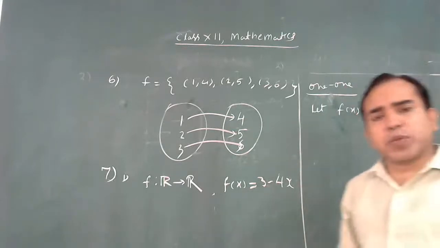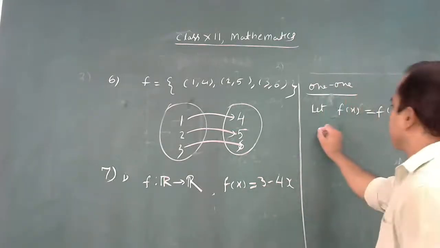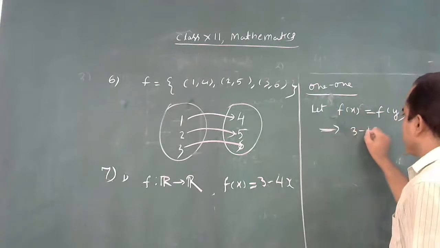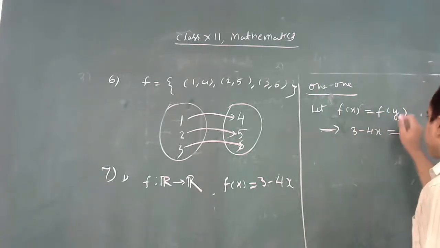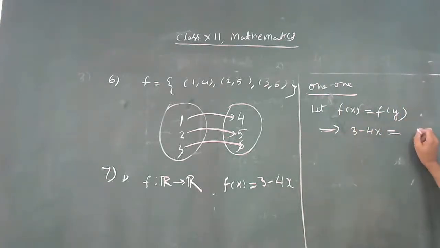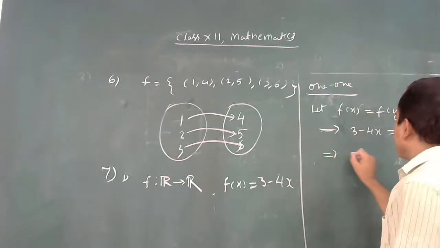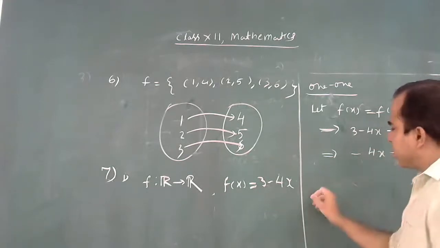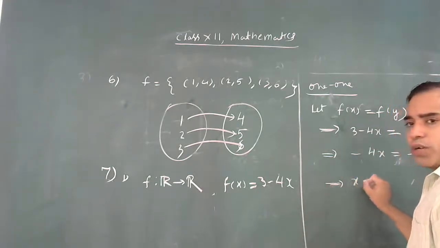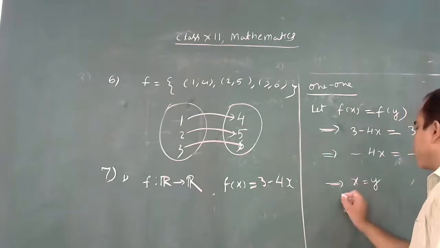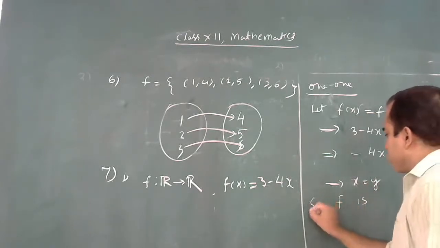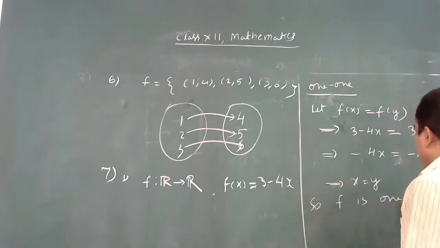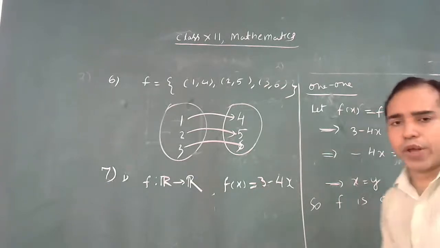And in the end you have to bring x equal to y. फिर क्या होगा? आ जाएगा बेहद आसानी से। This is fx, fy क्या होगा? बस x की जगह y रख दीजिए। This is fy, 3 3 का, and minus 4 को भी sacrifice करा दीजिए। What do you conclude? It gives you x equal to y. So f is 1 1. Correct.